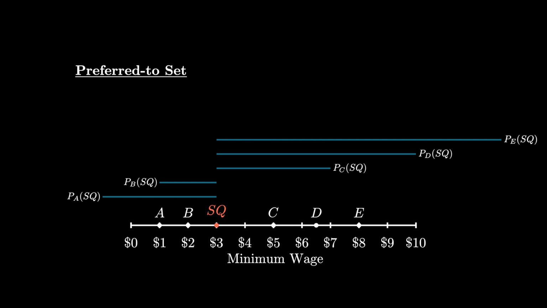Another way of saying that is that the set of policies that can win is equal to the overlap of a majority of preferred two-sets. In this case, with 5 legislators, a majority is 3, so the overlap of 3 preferred two-sets is the set of policies that can win. And we call that set the win set. It's the set of all policies that can beat the status quo.